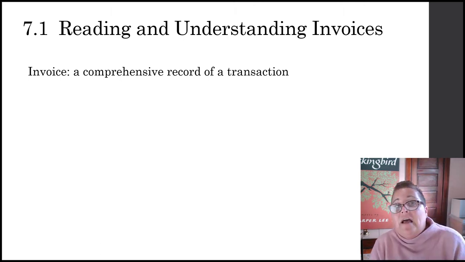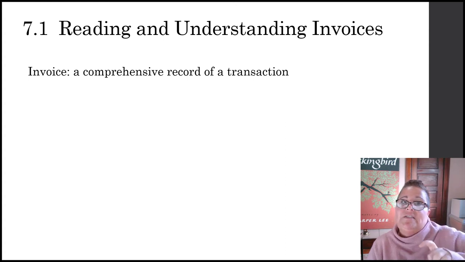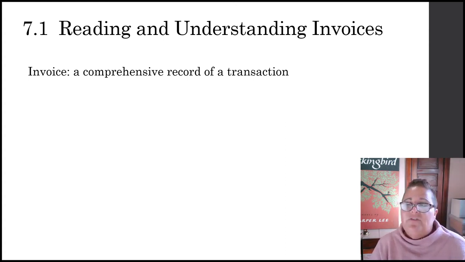There is all kinds of information on an invoice. On a personal consumer-based note, the receipt is generally considered to be your invoice, that narrow strip that comes off the cash register. But in a business-to-business situation, we are actually looking at usually a full sheet of paper these days.